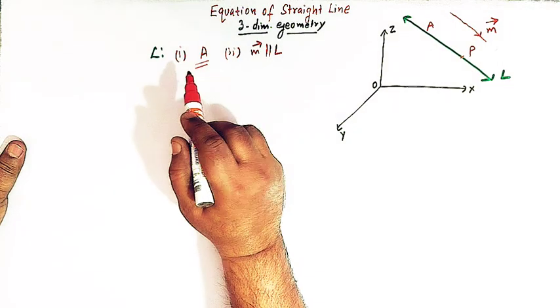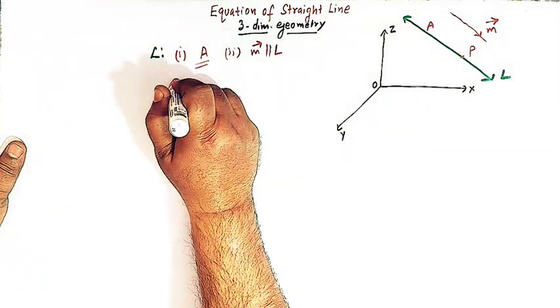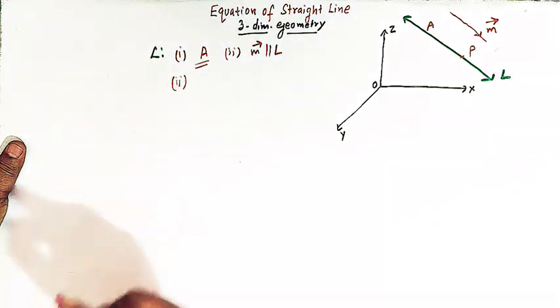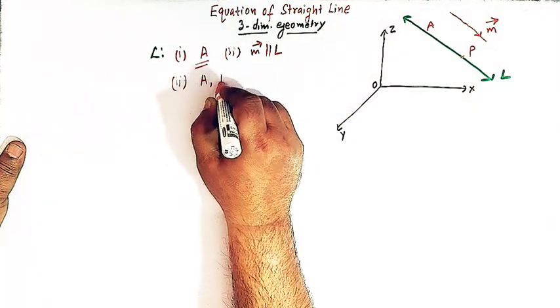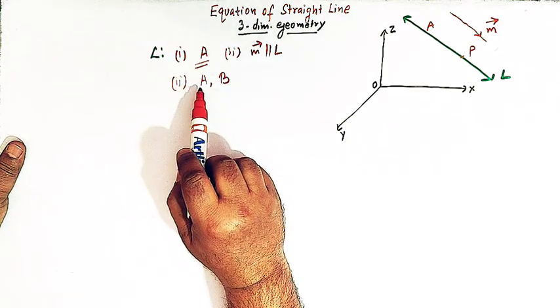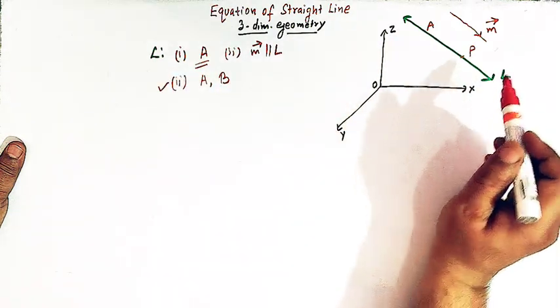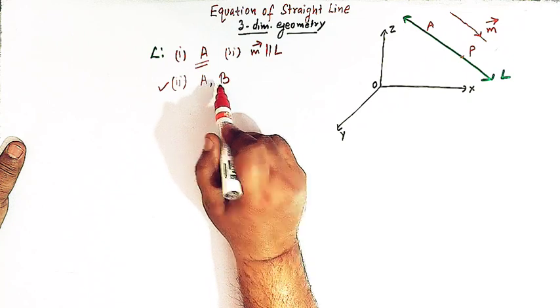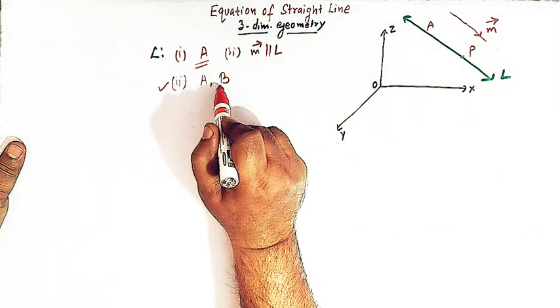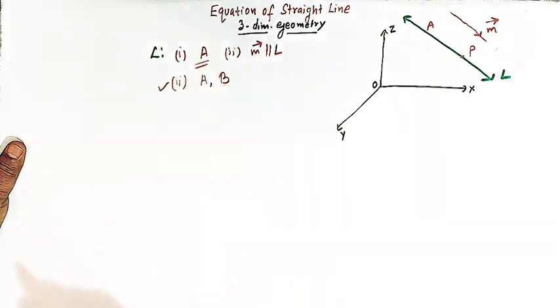The second situation in which we can completely define a straight line in three-dimensional geometry is that we know the position vectors of 2 points lying on the line L, say point A and point B. In this case we do not require the vector M, or a vector parallel to the given line.